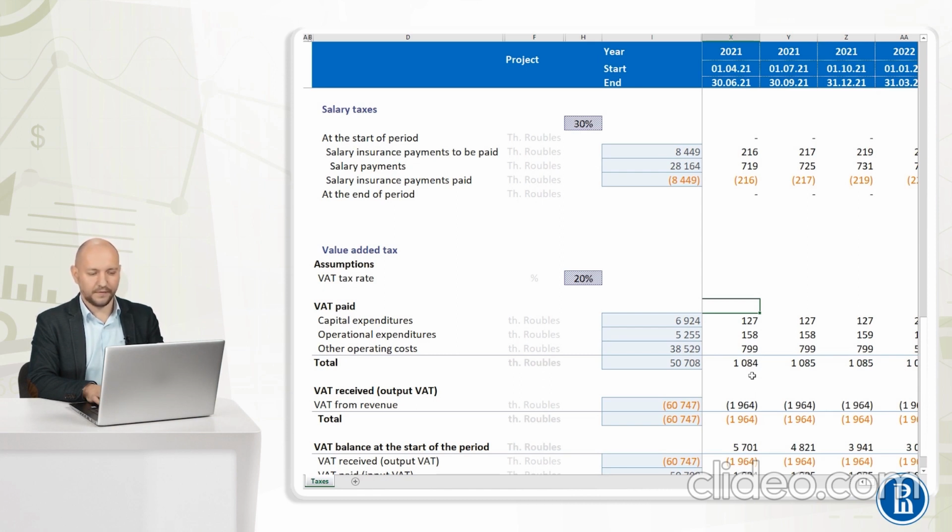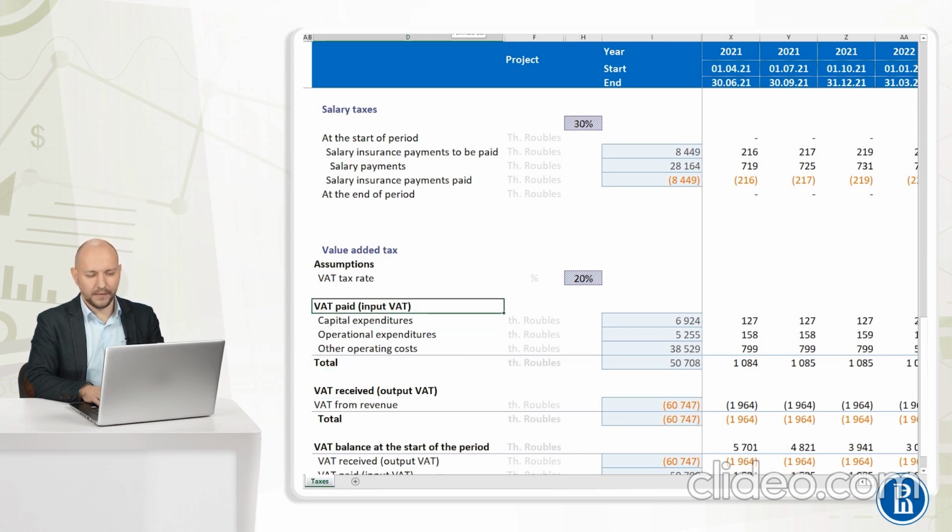The first one is value-added tax paid, which is also called input VAT, as we see here, and the other is value-added tax received, which is usually called output value-added tax.